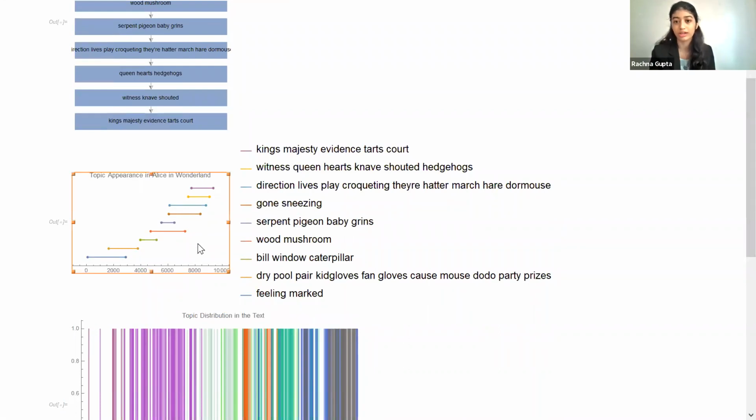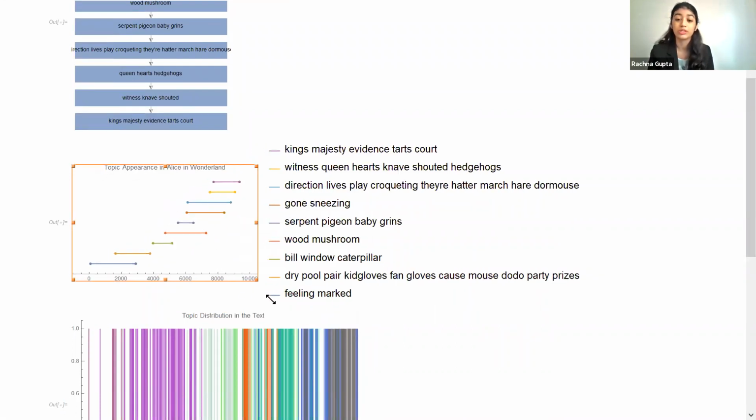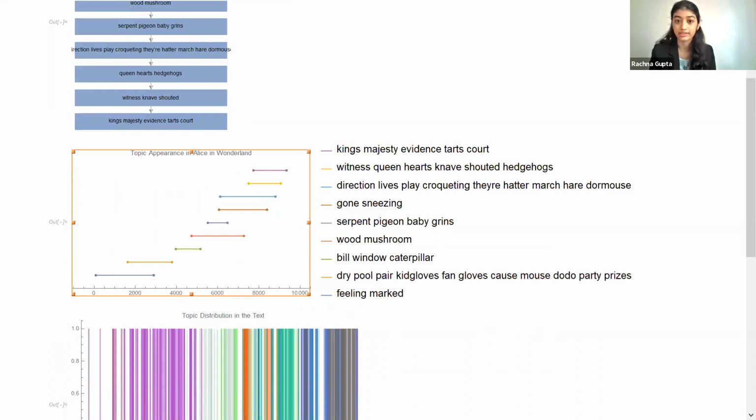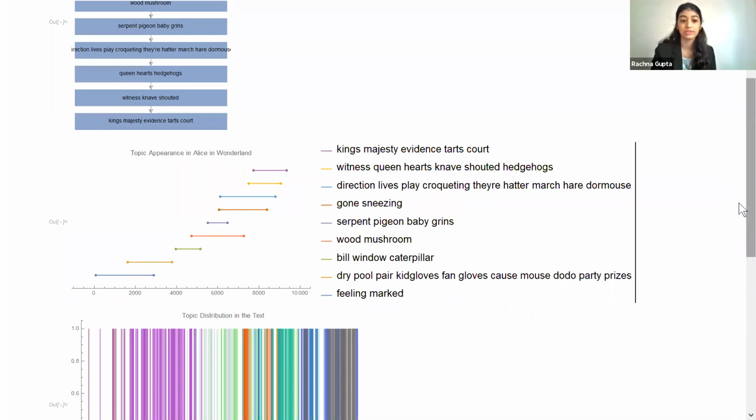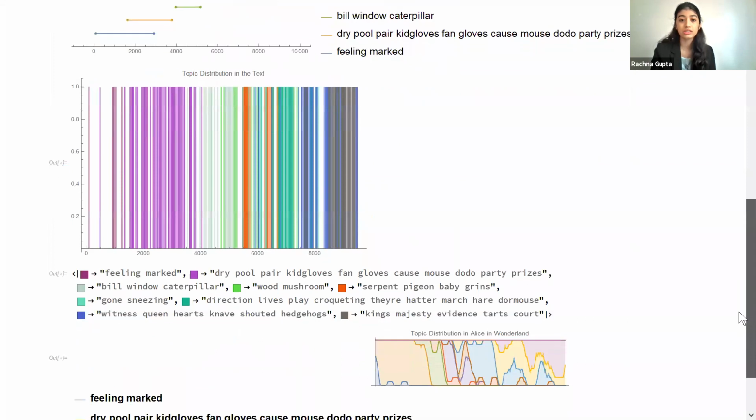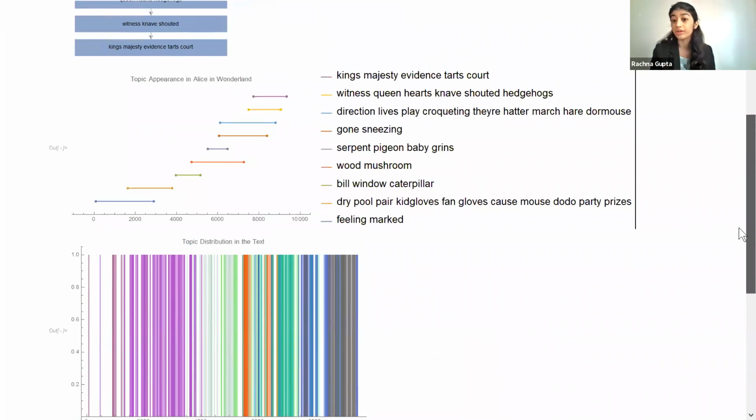Queen and hearts are linked together because of the namesake character, who predominantly shows up in that part of the text. The first topic, feeling marked, is a little bit more ambiguous, but as you can see from where it shows up in the timeline chart, it's obviously about Alice entering Wonderland, which is why it shows up in the beginning.